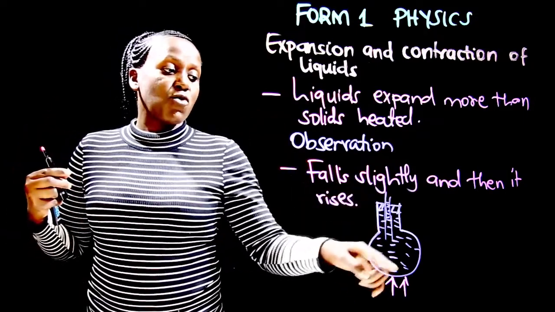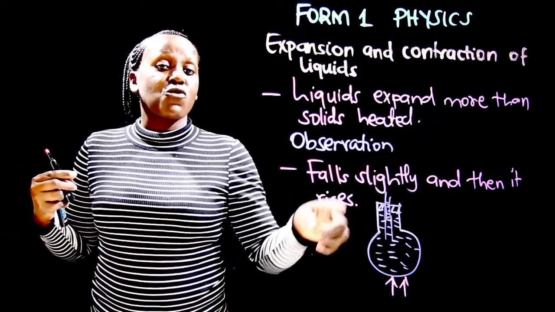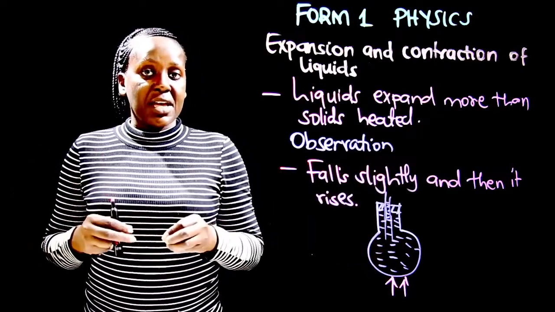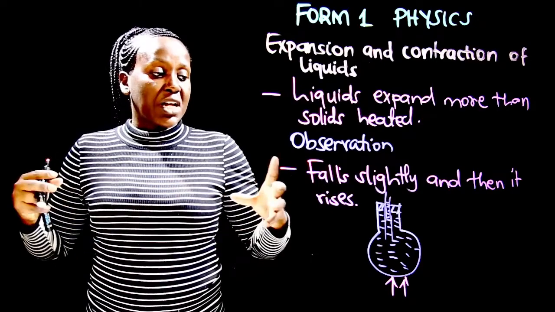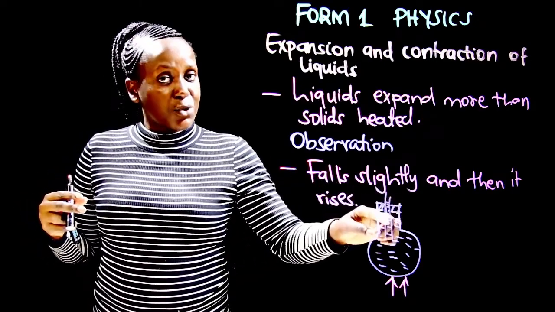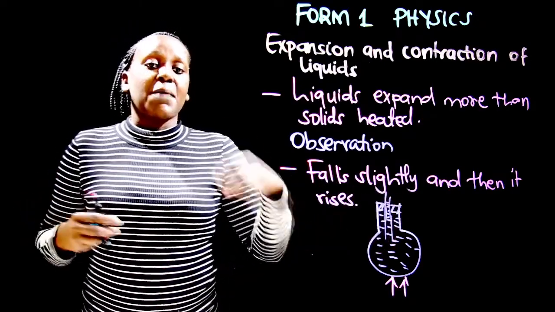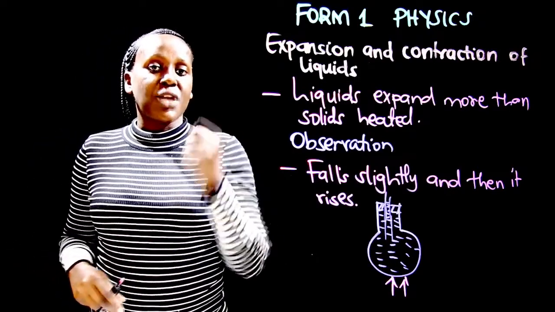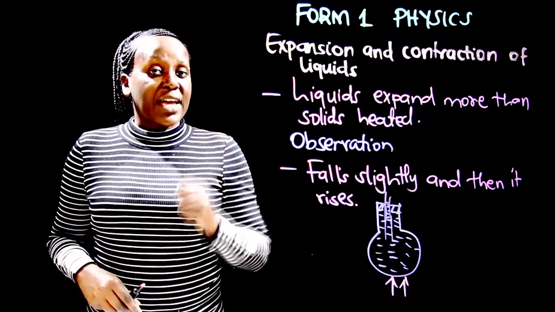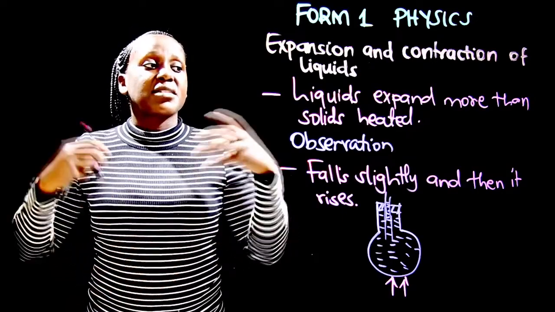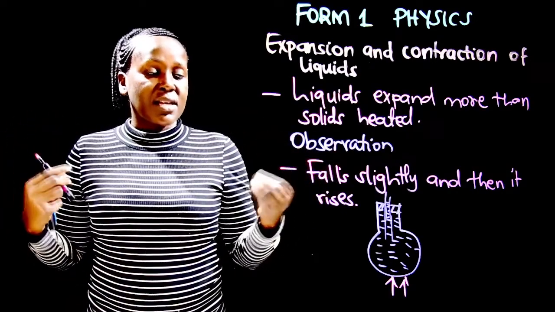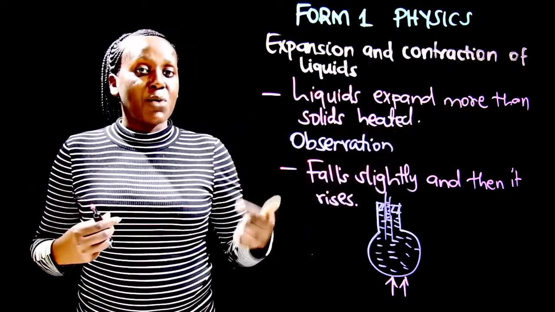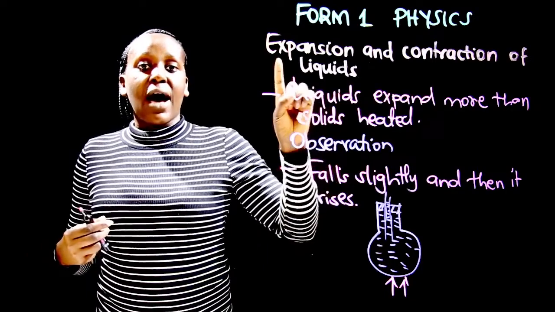And because the amount of water is still the same, to occupy the space that has been created as a result of the expansion of the glass, the level of water has to go down. But as heating continues, the heat gets to the water, and the water gets heated, and it expands, and when it does, it expands more than the glass. So the level of the water begins to go up.